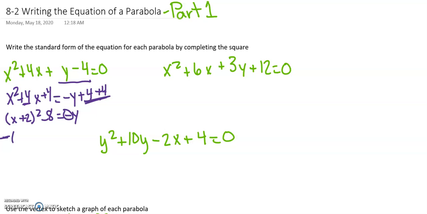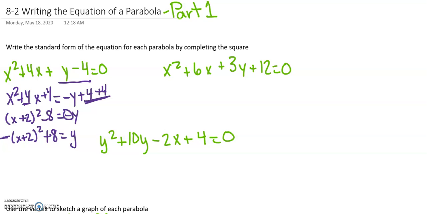So we're going to have a negative in front of the parentheses, and we're going to have a +8, so that now we have a y equals equation. Okay, so this would be the vertex form of this equation by completing the square.